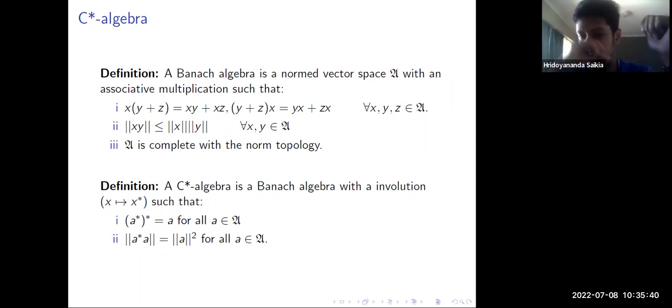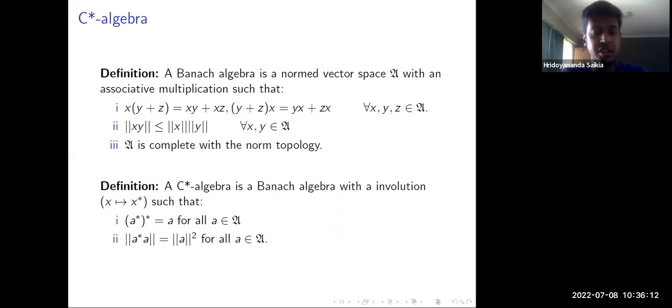But additionally, it should have an involution, a way of taking adjoints of each element. An involution is a map from the vector space to itself such that taking the involution twice gives the identity. If I denote the involution by star, then (A star) star equals A. That is the first condition.